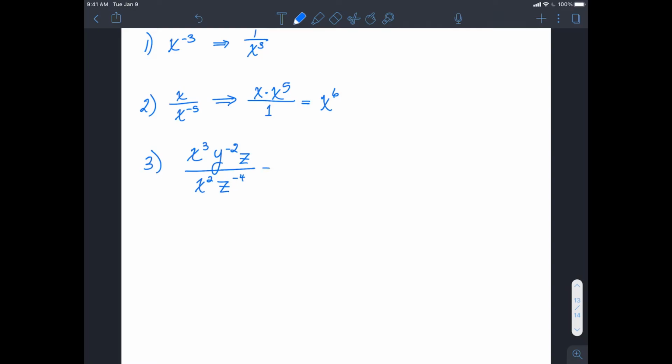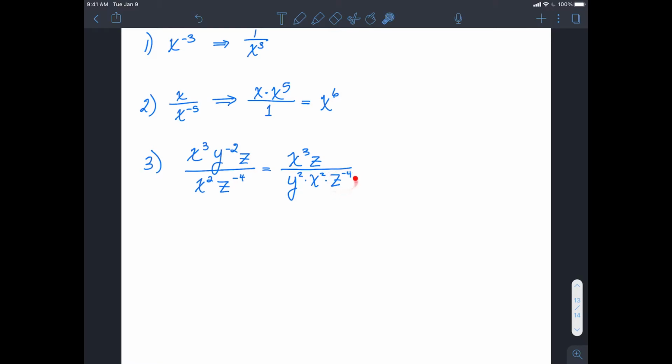Now, we learned that we can take a term in the numerator to a negative exponent and move it down to the denominator. So let's make that change. So this will be x to the third z, and then we'll move that y down here as a y squared times x squared times z to the negative fourth.